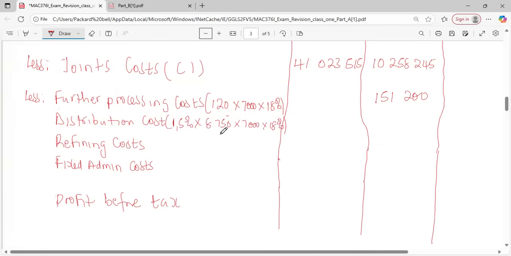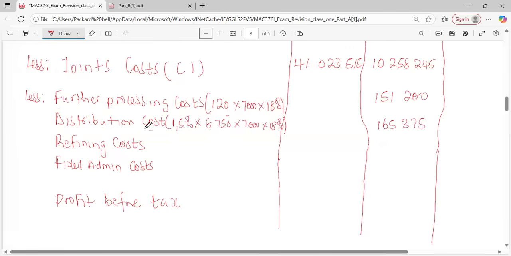Then it goes: 7,000 times 18% times 1.5% times 8,750. What are we going to have there as our distribution cost for S oil? 165,375. Right.